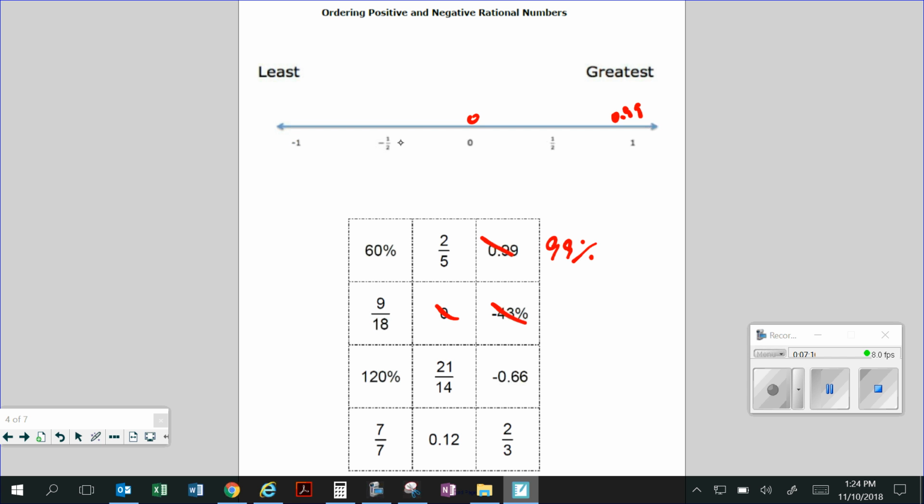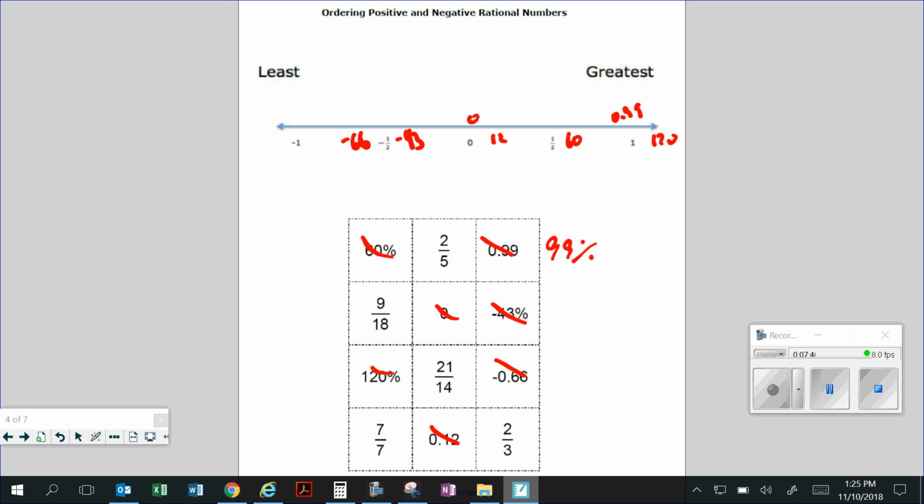So negative 50% is farther away from 0 than negative 43%. Negative 66% is past negative 50%. 12% is right here. 120% is past here. 60% is past half, which is 50%.